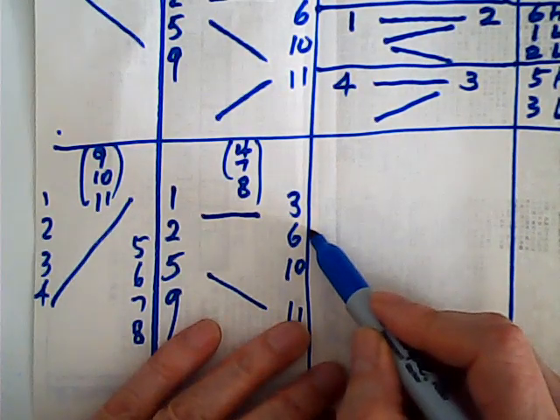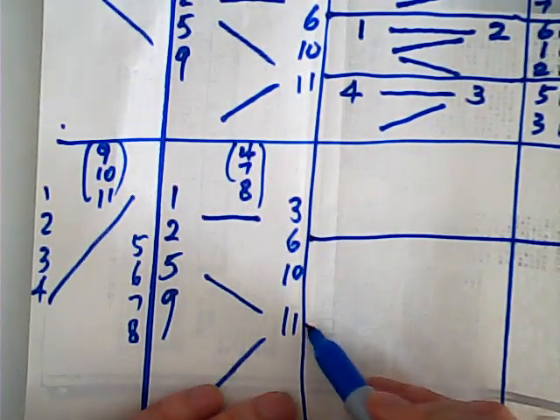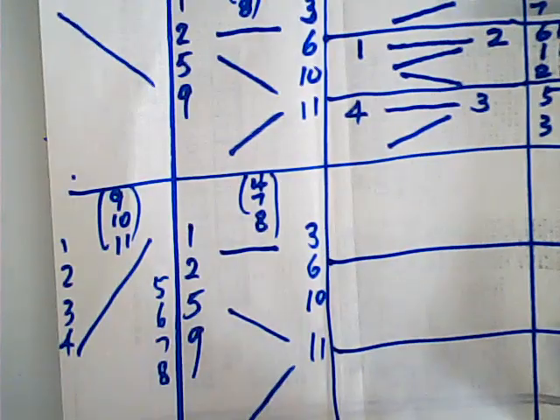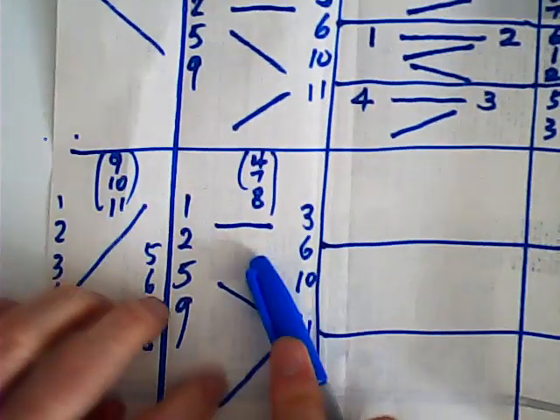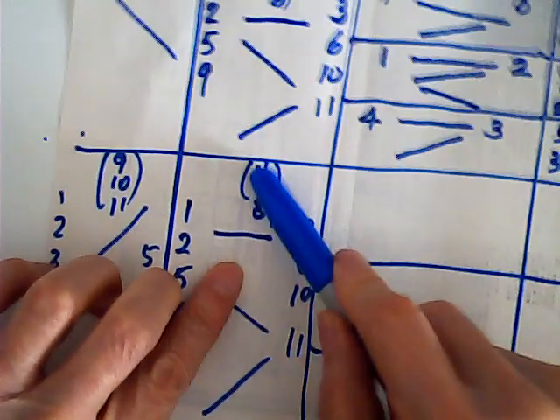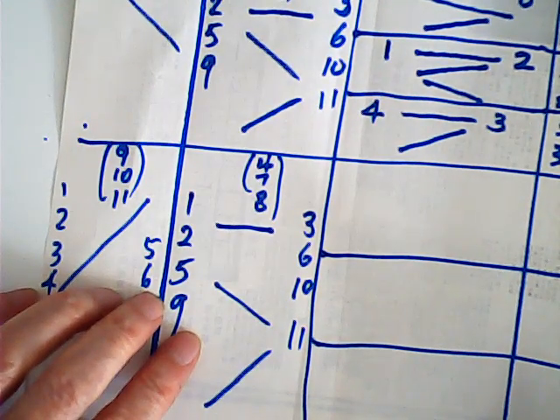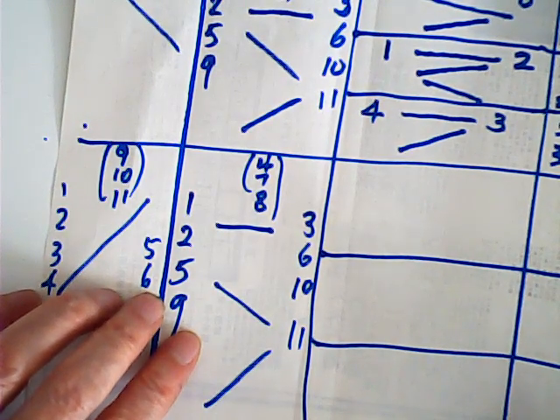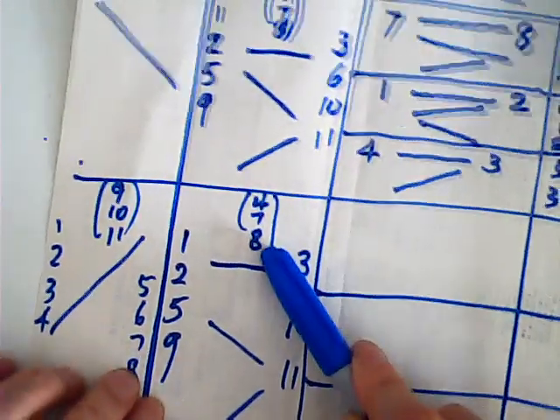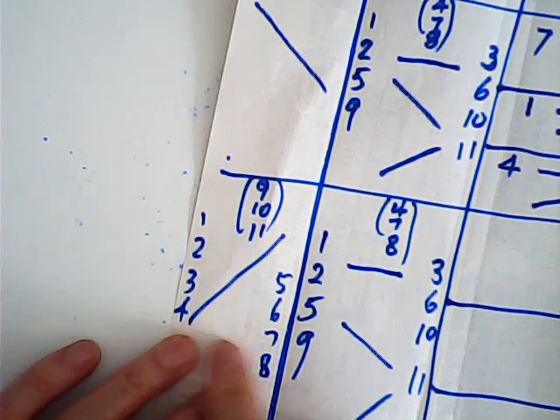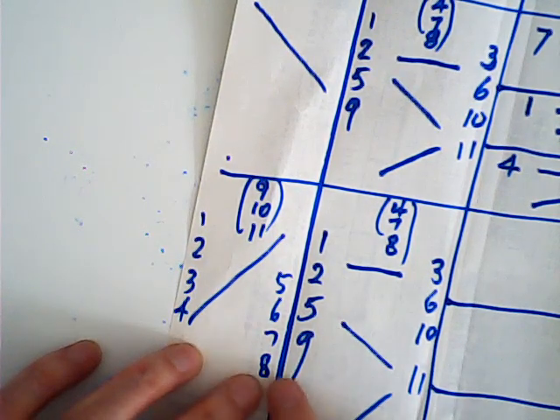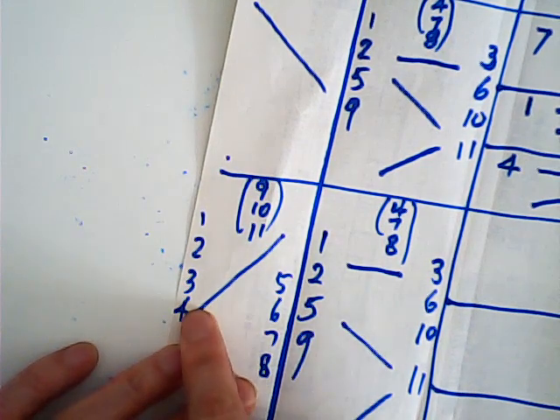Now, if this happens, this means 4, 7, 8 are not normal, right? From the first balance, 7 or 8 could be lighter. 4 could be heavier. All right.